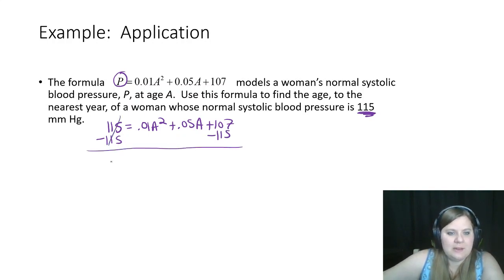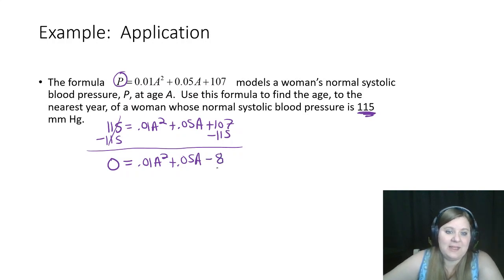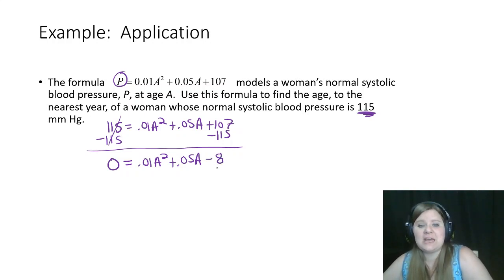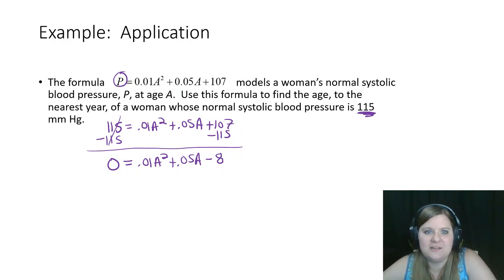Cancels here. And I have 0 equals 0.01a squared plus 0.05a, and 107 minus 115 is negative 8. Now, I look at that and I think to myself, all right, there are lots of decimals there. I'm thinking maybe I don't want to try factoring because it would be a little much.